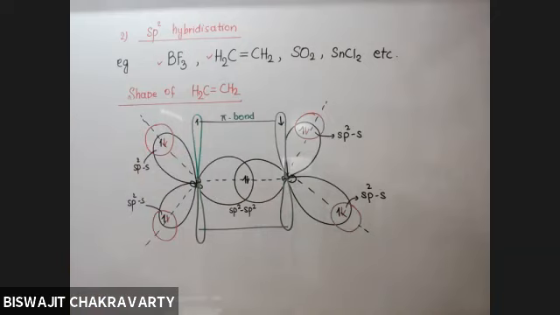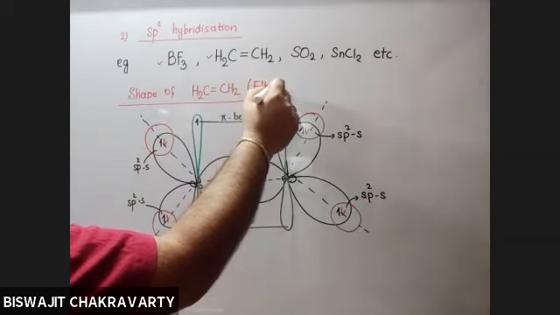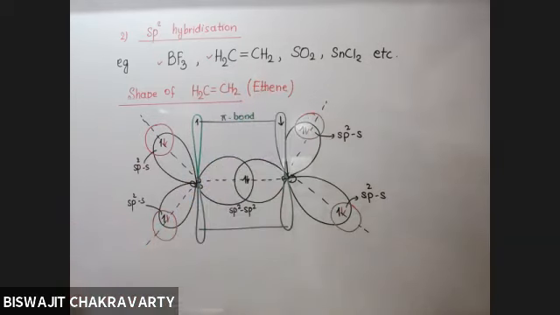Understood? Okay, so draw it. This is the shape of the ethene molecule. You must be aware that it is an alkene, and doubly bonded carbons are always sp2 hybridized.